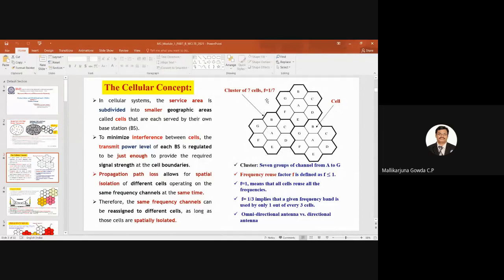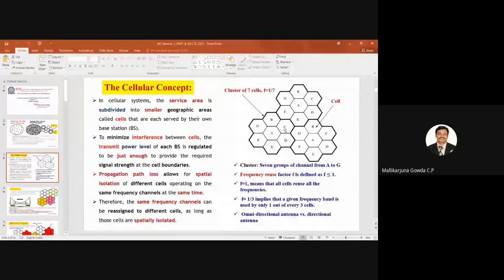I have written here frequency reuse factor is 1 by 7, which means only one cell out of 7 will be using one particular frequency, and cell B will be using a different set of frequency. Similarly, cell C will be using a different set of frequency, D will be using a different set of frequency, and cells E, F, G will be using different sets of frequency, so that they will not be interfering with neighbor cells.